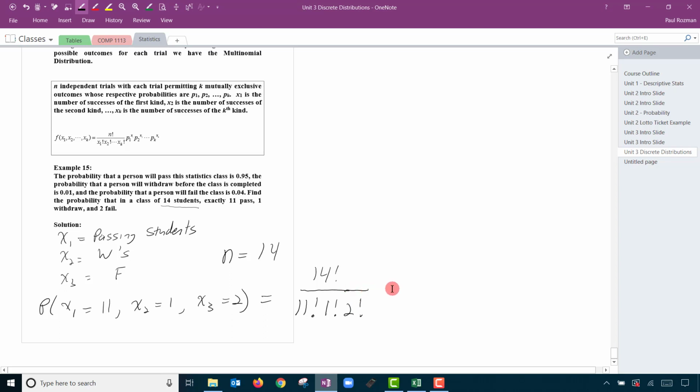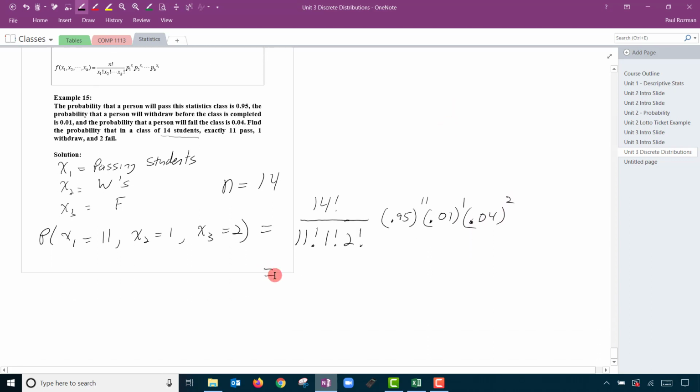Now we take these probabilities of happening. There's a 95% chance that you pass. I need 11 of those. There is a 1% chance that you withdraw. I need one of those. And then there's a 4% chance that you fail, and I need two of those.